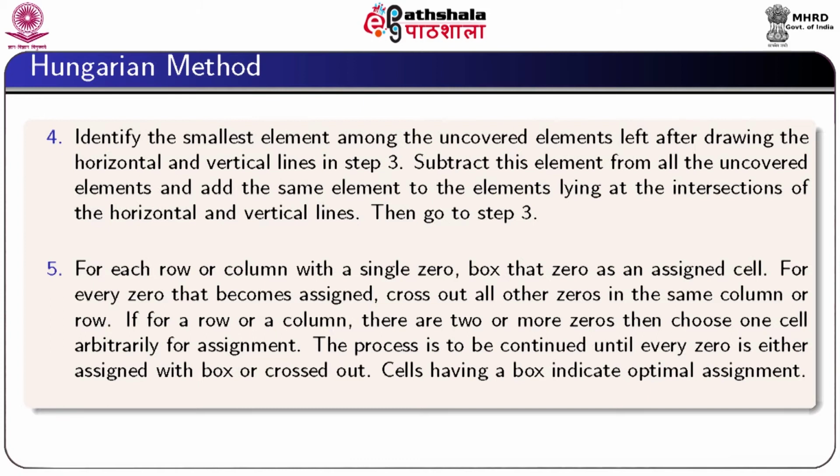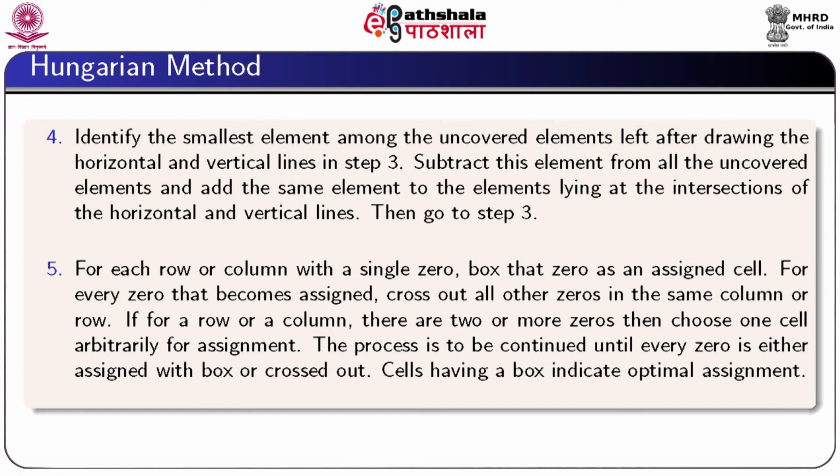In step 5, we box that 0 as an assigned cell. For every 0 that becomes assigned, we cross out all other zeros in the same column or row.